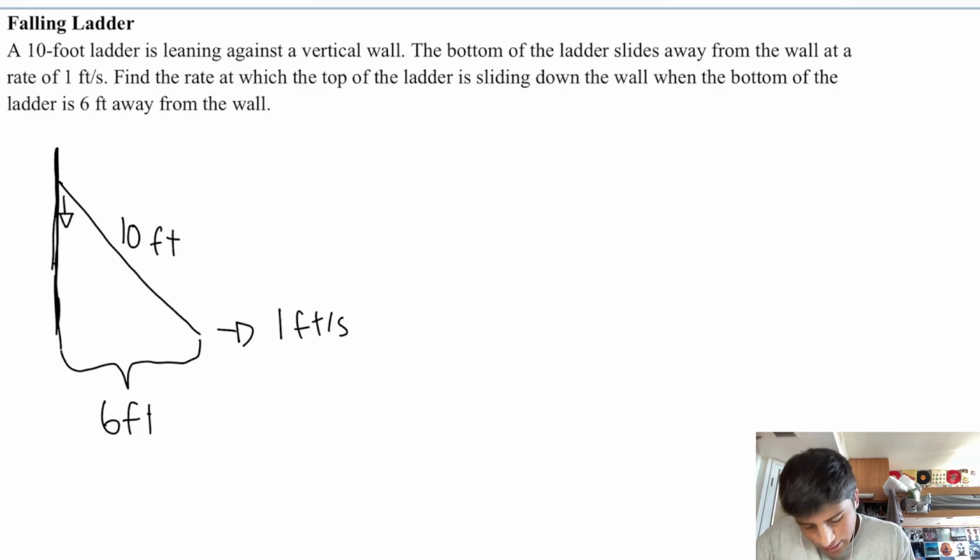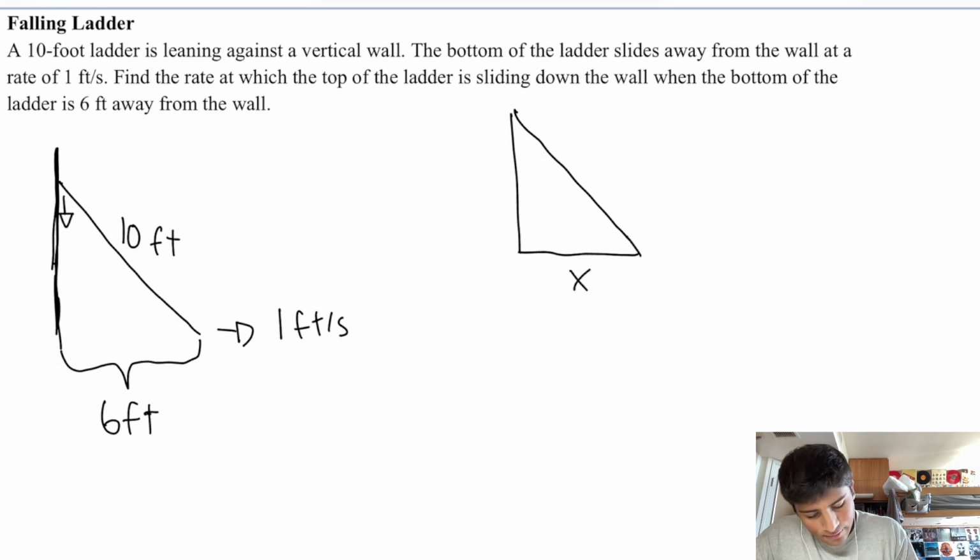And now is a great time to define our variables. Well, we have a triangle. Why don't we call this x, this y, and we'll call our hypotenuse z. Okay, so y, x, and z. We know z is 10. Okay, so z equals 10.